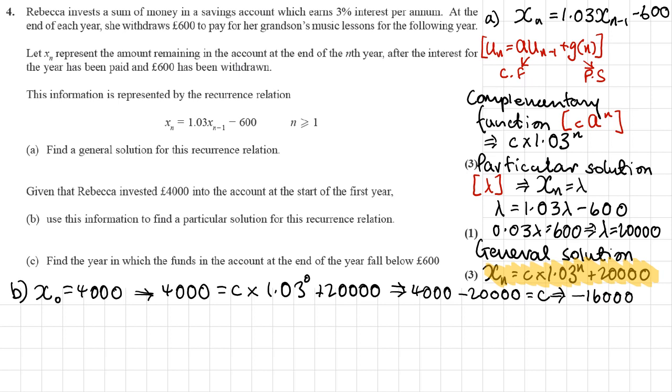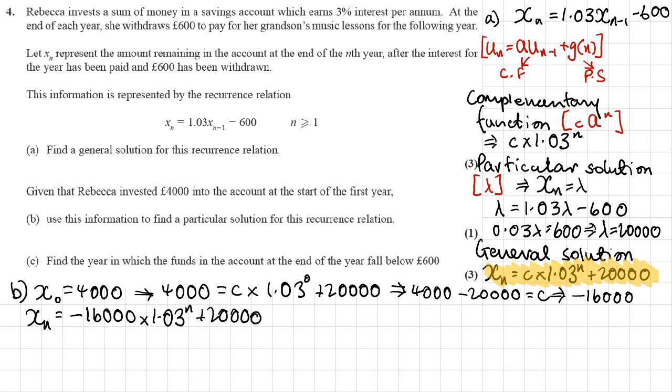That now gives us our particular solution. We'll replace that c with negative 16,000, so we now get Xn is equal to negative 16,000 times 1.03 to the power n plus 20,000.